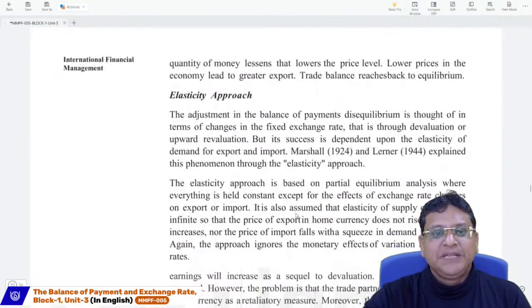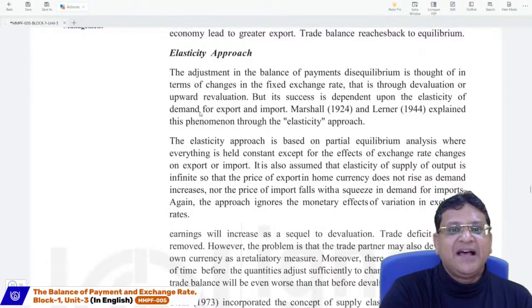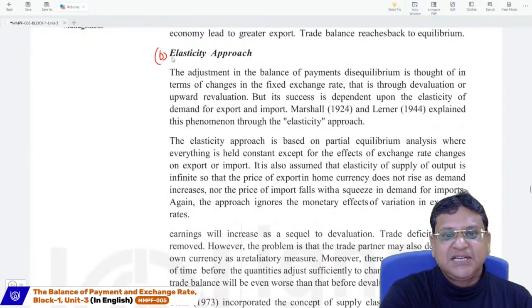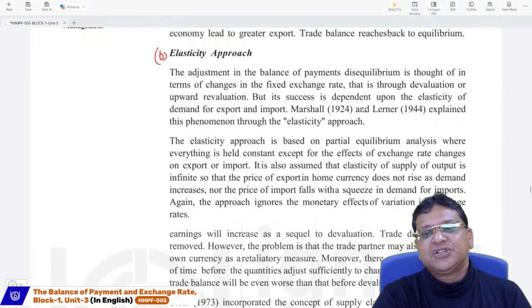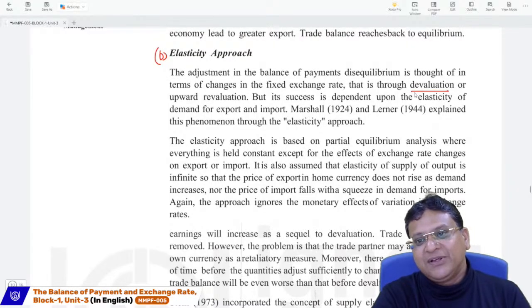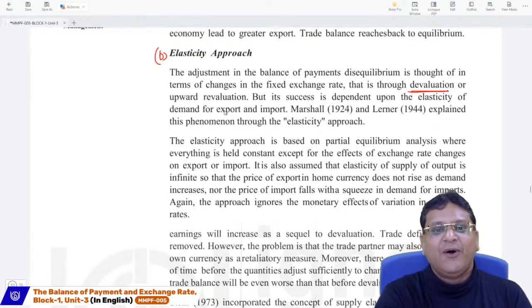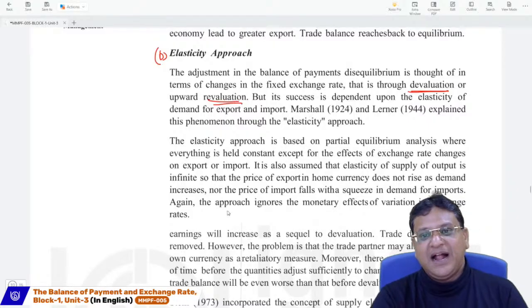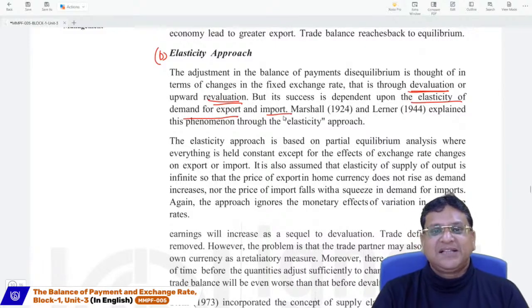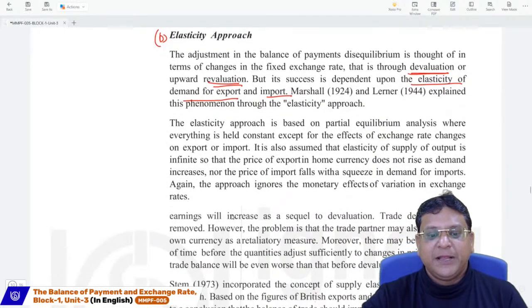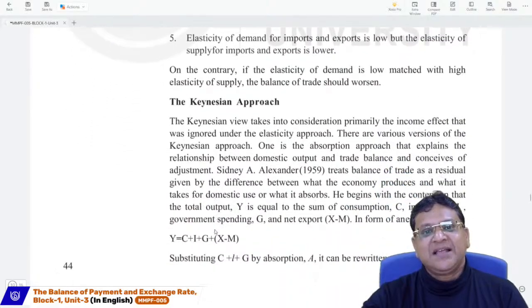The second approach of BOP adjustment is the elasticity approach. The elasticity approach tells that BOP adjustment can be done through either revaluation or devaluation of currency. But the success of the elasticity approach depends upon the elasticity of demand for exports and imports. And the third approach is given by Keynes, the Keynesian approach.